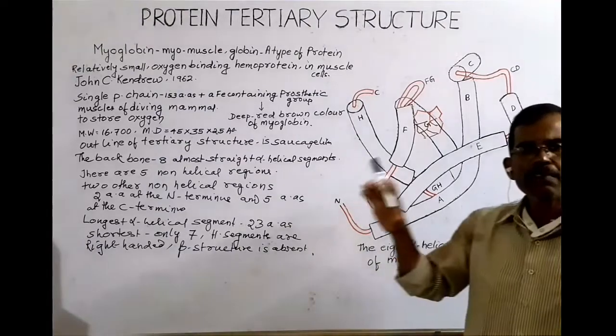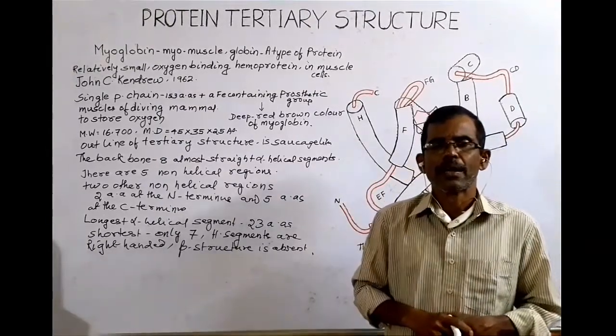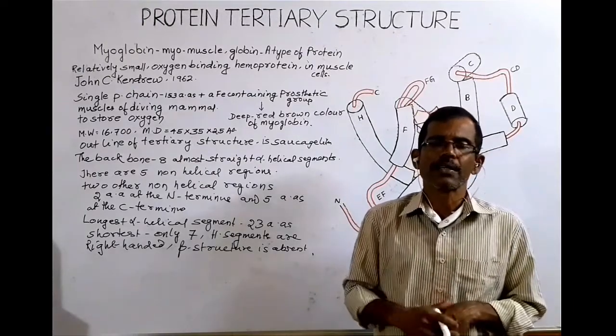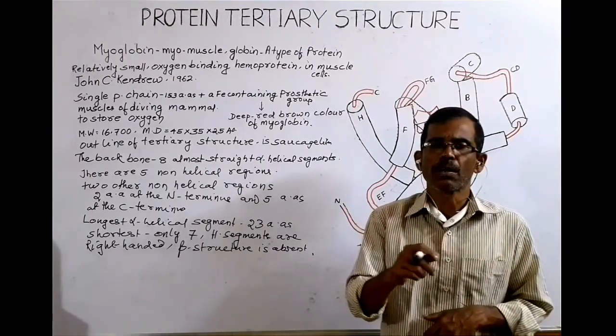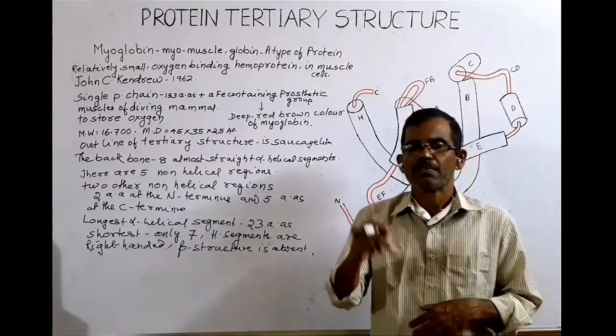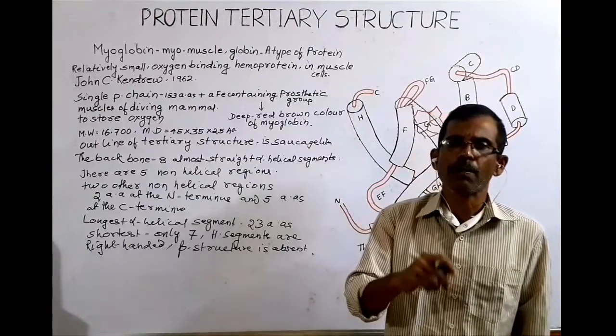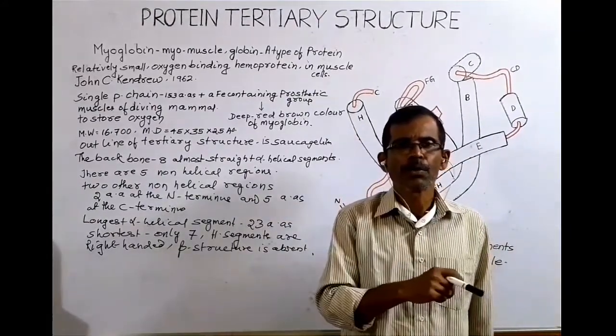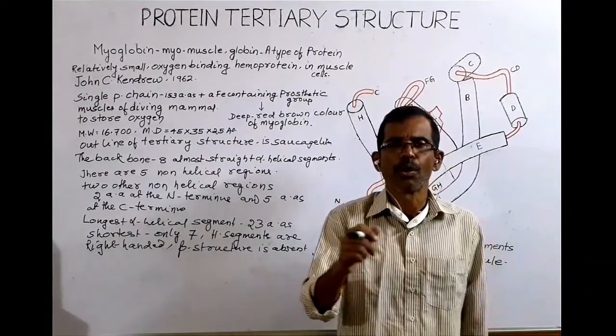So 8 alpha helical segments are folded in a specific manner so that the compact structure of myoglobin is formed with the help of various types of non-covalent bonds like hydrogen bond, ionic bond, hydrophobic bond and so on.